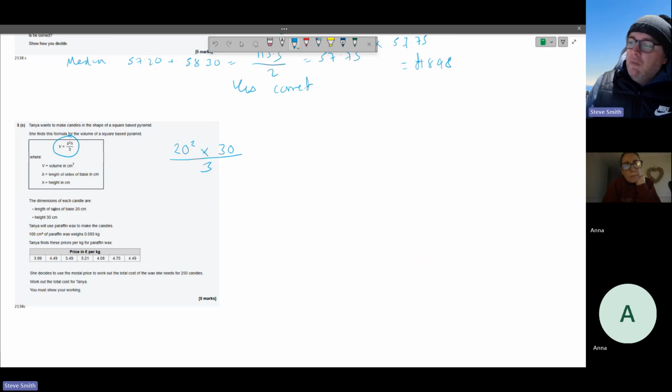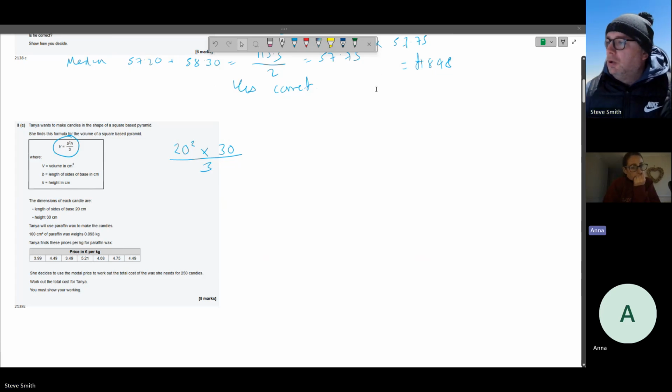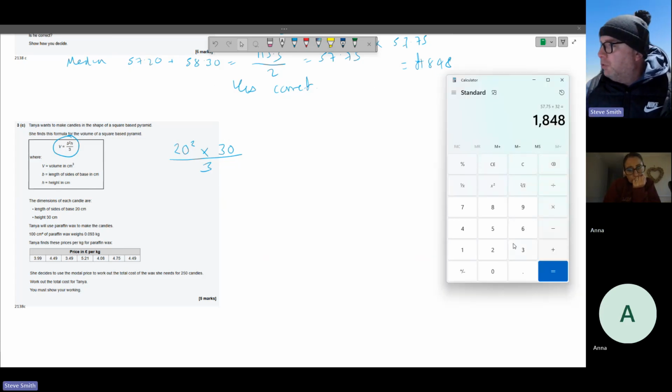And then if we work out that bit, because it's 5 marks, obviously we're not stopping there. So if we work out that to start with, and then we know we've got our candle's size. So we're going to go 20 times by 20, that's 400, times by 30, divided by 3. Calculator's a bit slow today.